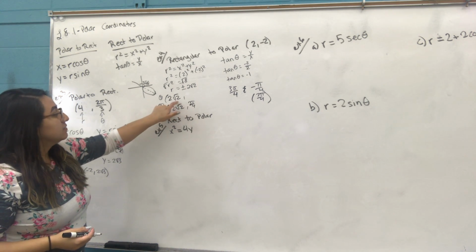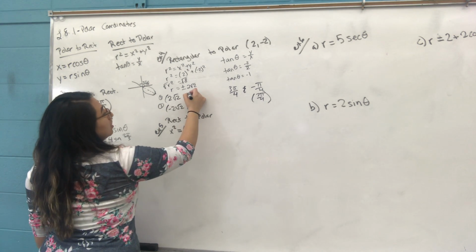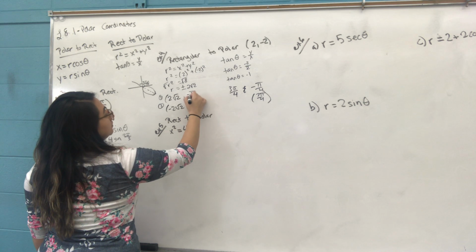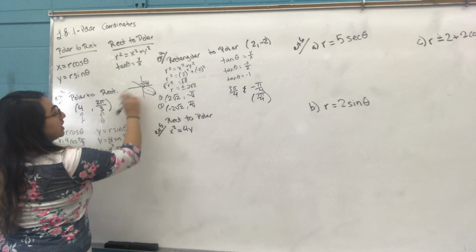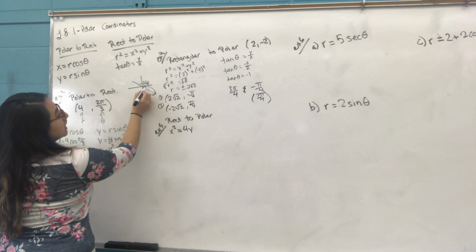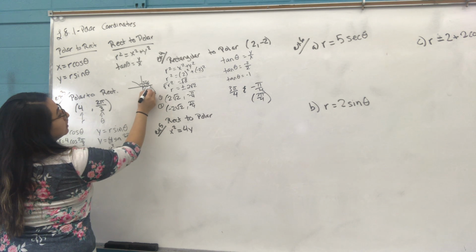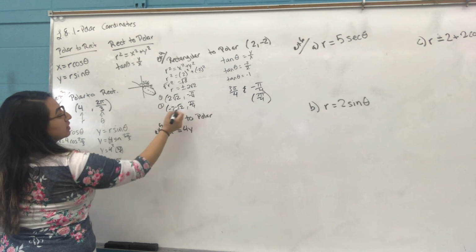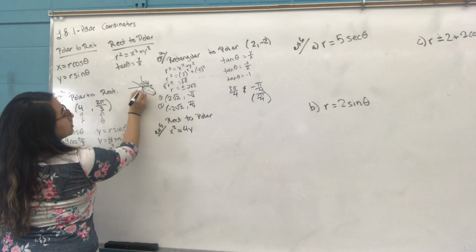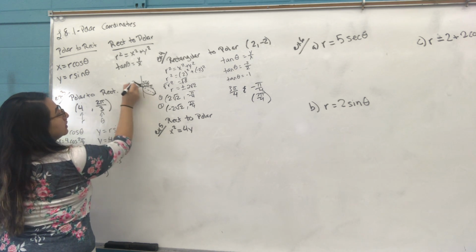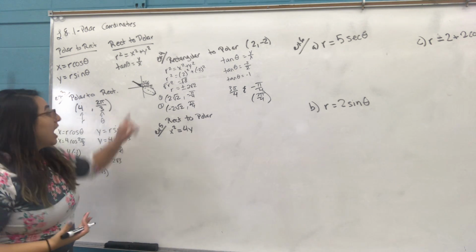Let's say for the positive one, 2 radical 2 over negative π over 4. If we were to graph this on the same one, negative π over 4 is right here. If we were to graph the positive 2 over 2, that would be this line here. So now we have 2 opposite lines.